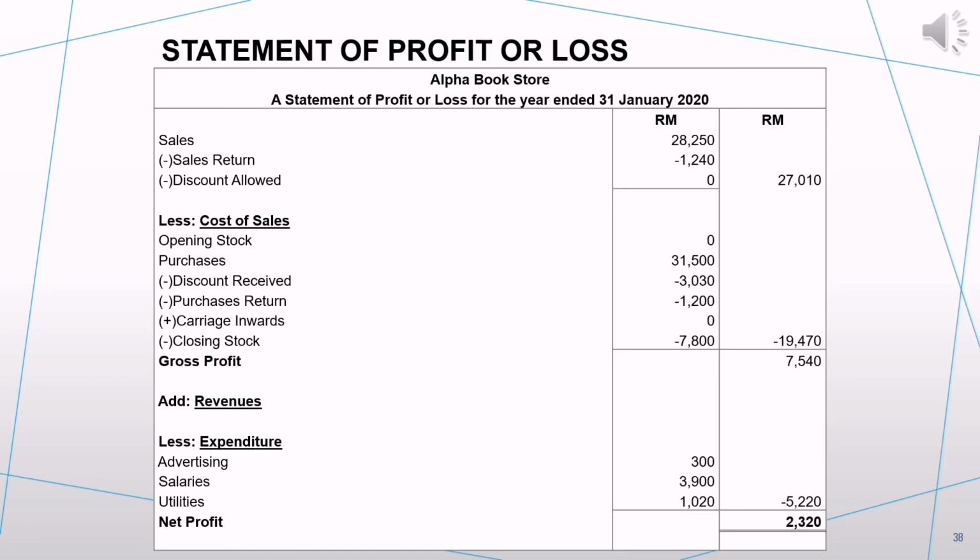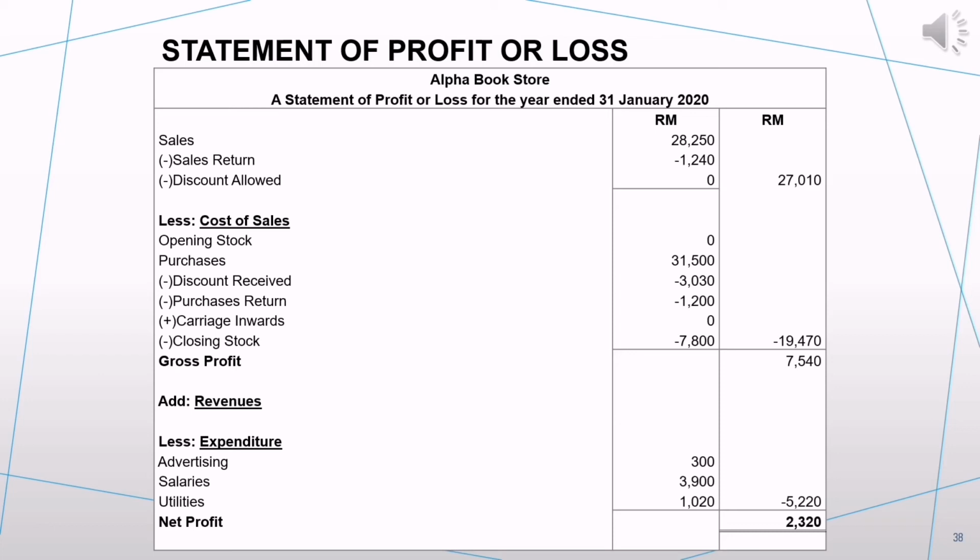This is a statement of profit or loss for the year ended 31st of January 2020. According to the format, we must minus the sales with the sales return and discount allowed to get the amount of 27,010. Then we need to minus the amount with the cost of sales, which is 19,470, to generate the gross profit, which is 7,540.